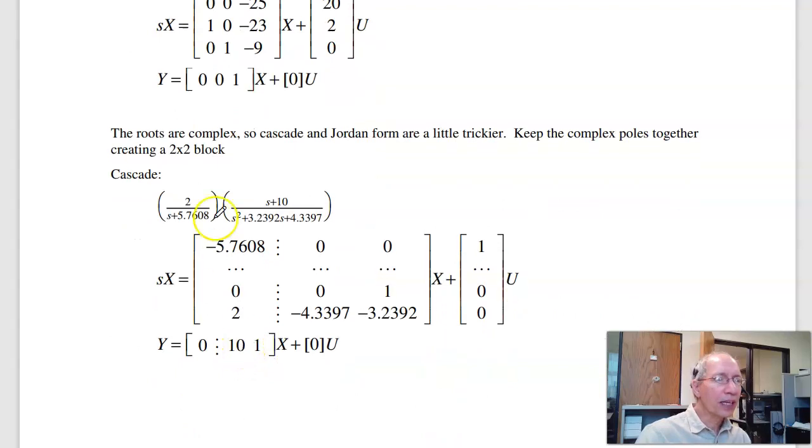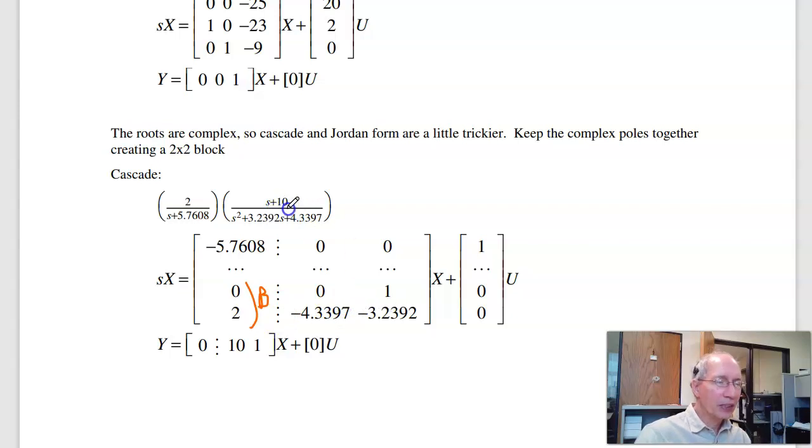Third form. I can't really do cascade form since the poles are complex, but what I can do is factor this into a real pole and a complex pole. Here's your real pole in controller form. Here's the complex pole in controller form. And the first system feeds the second system. Here's the 2. So this guy feeds the second system. There's your B matrix for controller form.